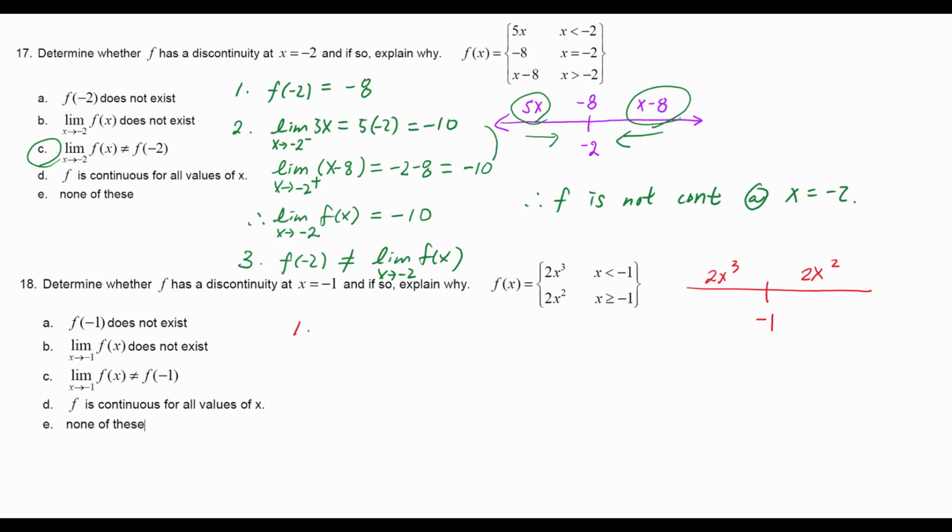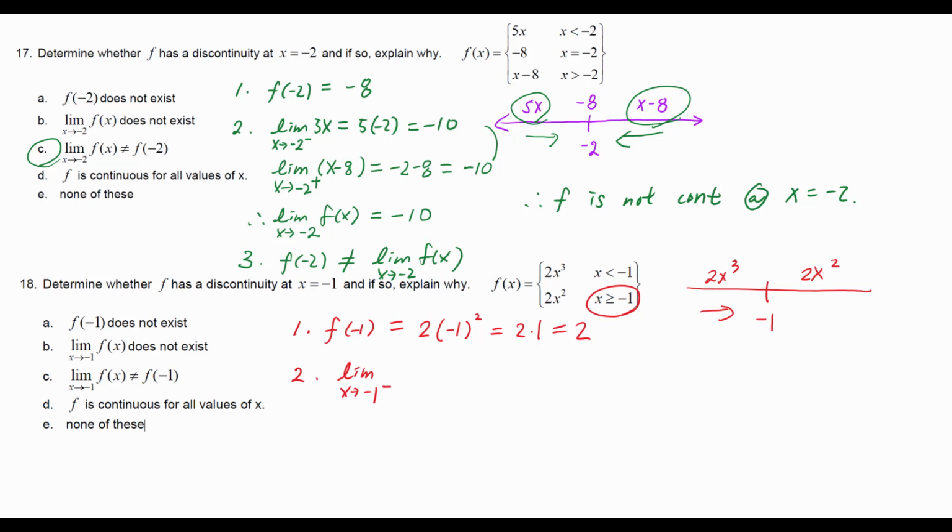So, first condition, f of -1. -1 belongs to this domain. We use 2x squared. So 2 times -1 squared, which is 2 times 1. So it is 2. Number 2, the limit as x approaches -1 from the left.